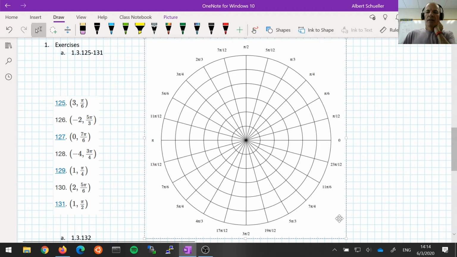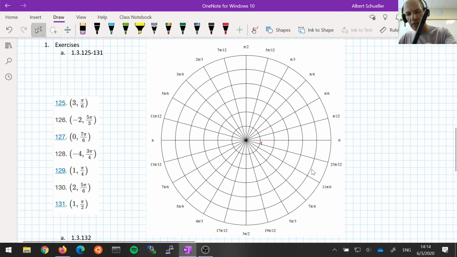All right, so this is a polar coordinate system. These concentric circles are separated by 1 unit. So if we were to label them, we would have r equals 1, r equals 2, 3, 4, 5, and 6, all the way out. And then along these lines through the origin, the angle is pi over 12, pi over 6, pi over 4, pi over 3, etc. If you want to plot one of these points, look at the coordinates.